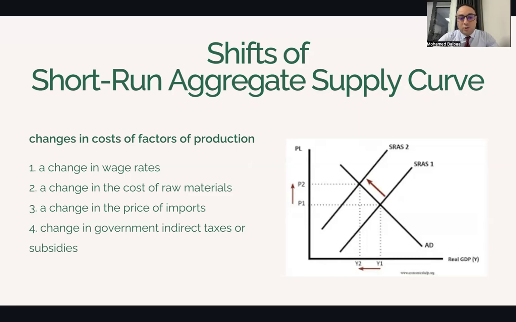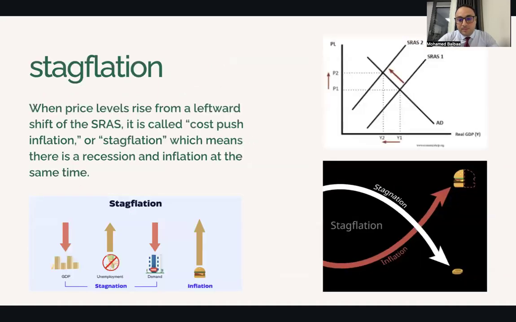Or a change in the cost of raw materials for any reason, like a shortage, for example, or what happened in the pandemic period. There was a shortage in the raw materials because of the lockdown and so on. A change in the price of imports, also the same reason. A change in government indirect tax or subsidies, if the government increases tax or decreases subsidies. All these things may change the cost of production for the producers, and this will shift the short-run aggregate supply curve to the left or to the right.